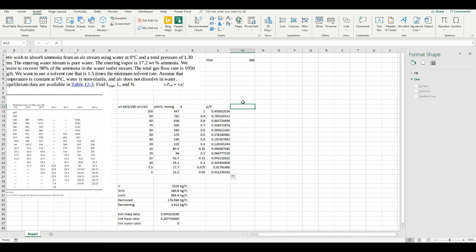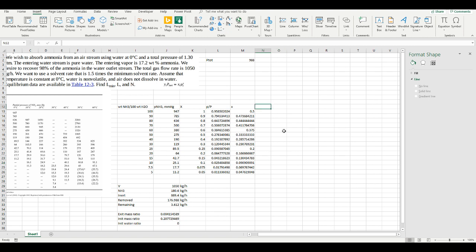So first, we need to convert this mass ratio into a mass fraction. We can do this by simply taking this value and dividing it by the same value plus 1. So we're simply inverting the formula in a sense. Let's do that for the entire range, and then we get these values.